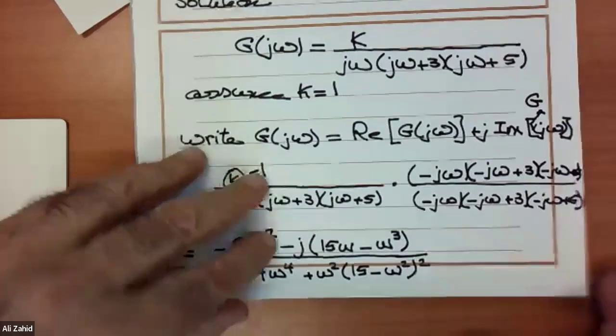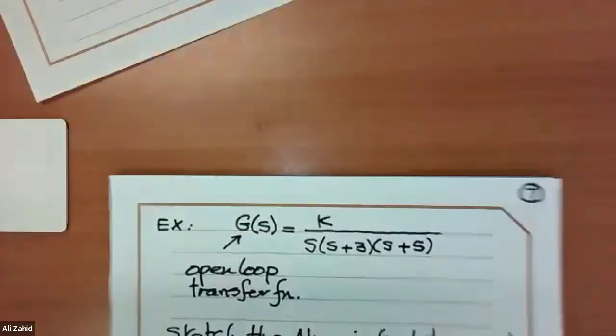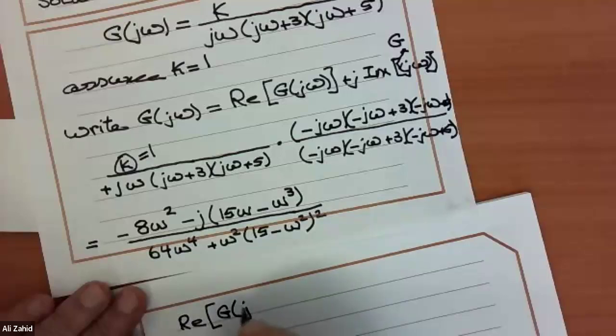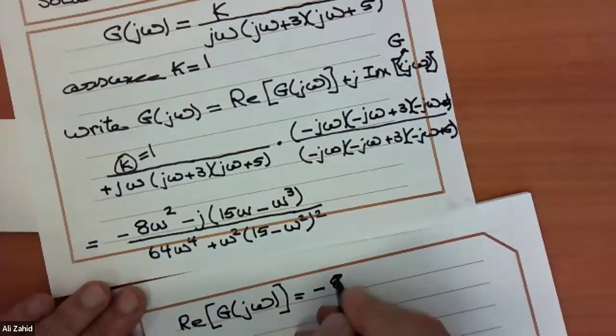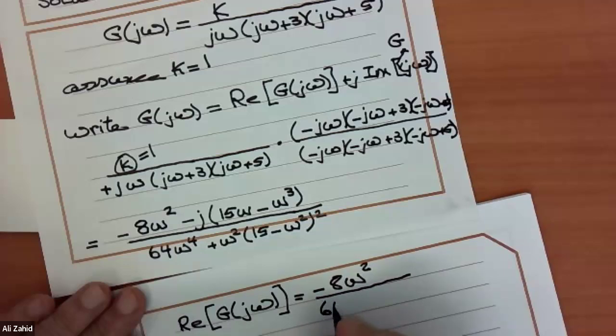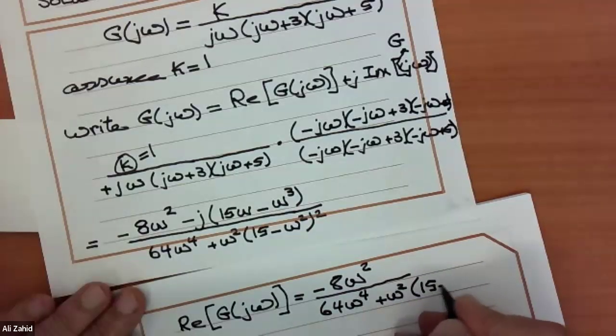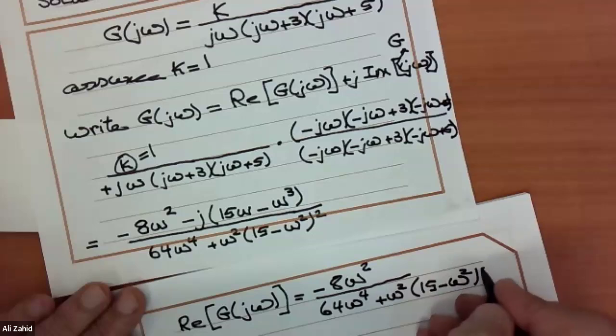So where is the real part? The real part is minus 8 omega squared over 64 omega to the 4 plus omega squared times (15 minus omega squared).